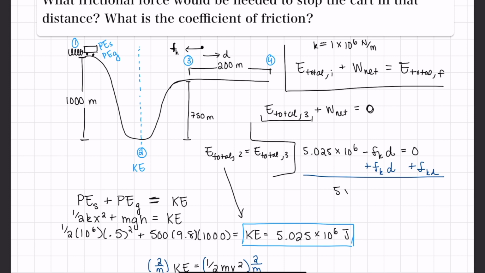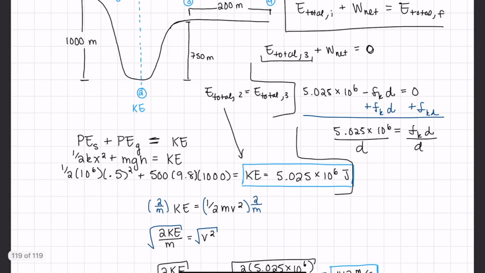So we'll get 5.025 times 10 to the 6th equals the frictional force times d. And then I'll first divide out d, and then in the next line, this is getting a little crowded, I will substitute in that 200 meters.